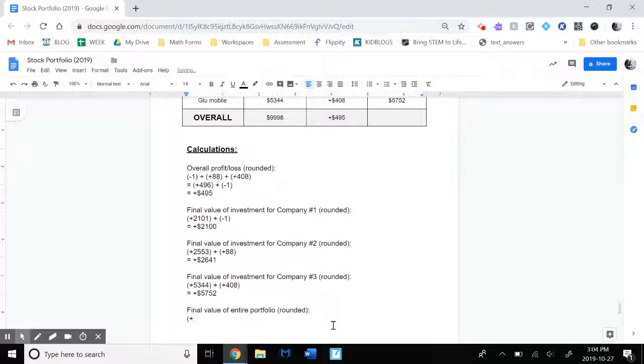So 2,100 plus 2,641 plus positive 5,752. And so this portfolio is now worth $10,493.